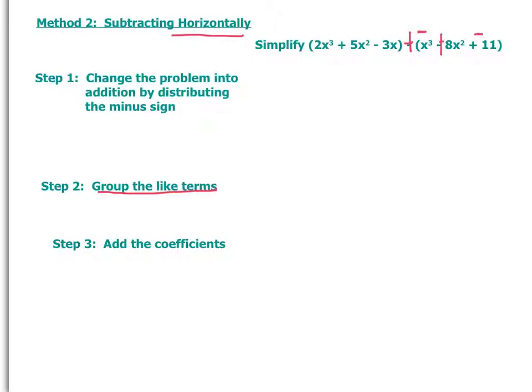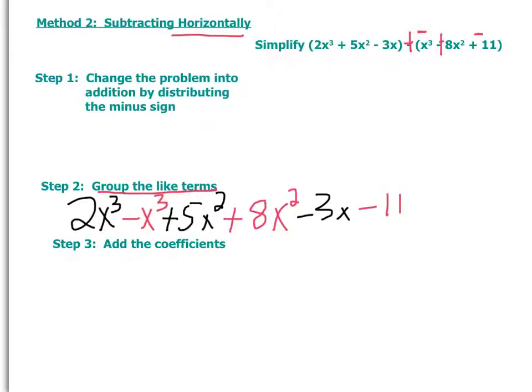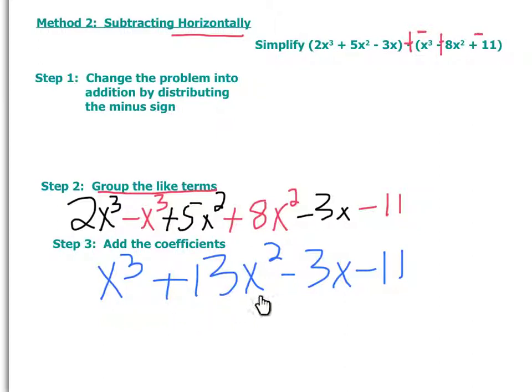So this is what that looks like. These terms I used in black, and these terms I used in red, and I made sure that this wasn't x to the third power. It was negative x to the third power because I had to change them, and that's not plus 11, it's minus 11. So just combine your like terms and you're done. Notice we have the same answer as we had before.